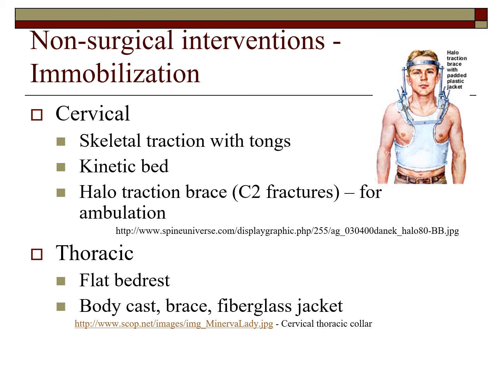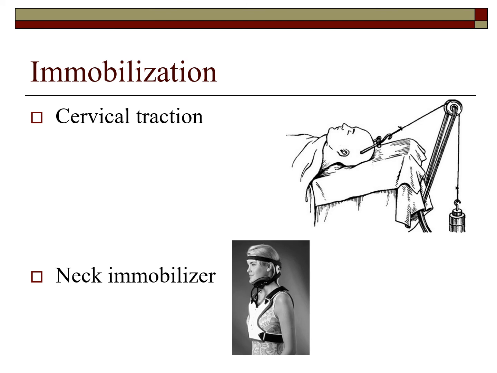If they do have thoracic injuries, they obviously are going to be on flat bed rest. They can use body casts, braces, jackets. I've got a picture of a jacket on the next slide or two. Here we go. I'm sorry, this is a cervical traction where they use weights to keep the patient's neck in line.